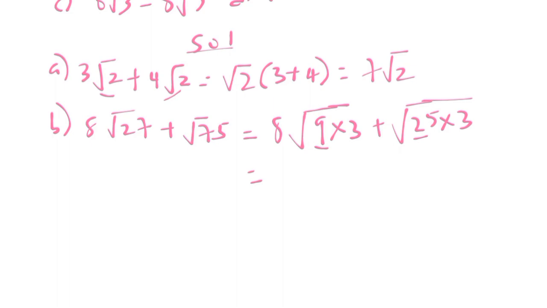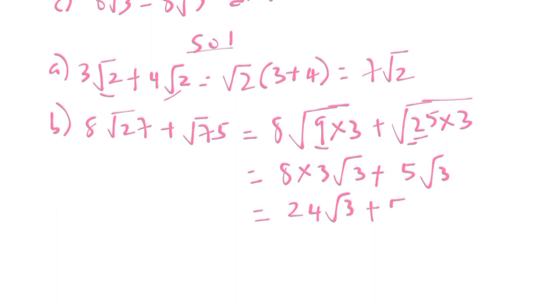And now the value for root 9 is 3, which is 8 times root 9, a perfect root, times root 3. And I will be left with root 3 plus, I can take the value of root 25 as 5. Now 8 times 3 is 24. We have 24 root 3 plus 5 root 3.